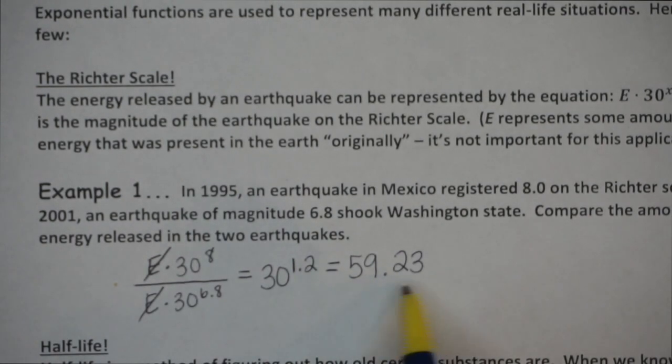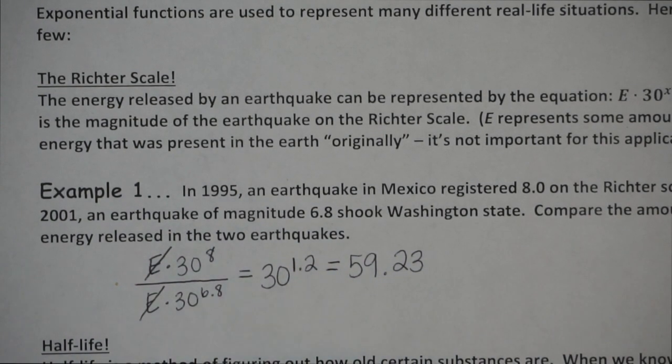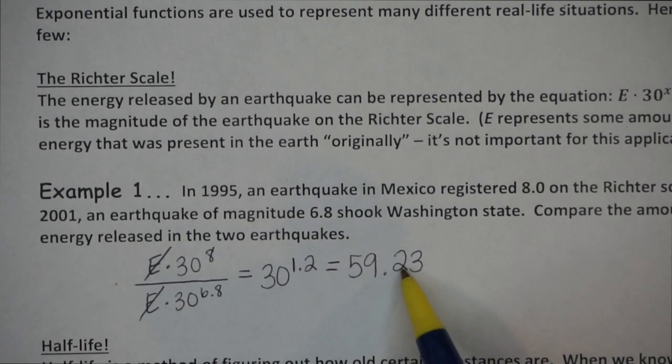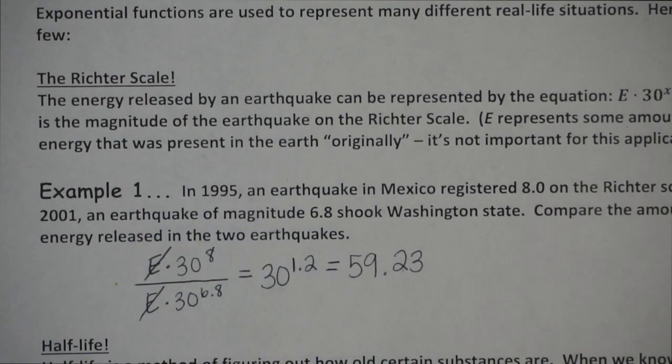Okay, basically that number tells us how much stronger, or how many times stronger, the top earthquake, the Mexico earthquake, was compared to the Washington one.